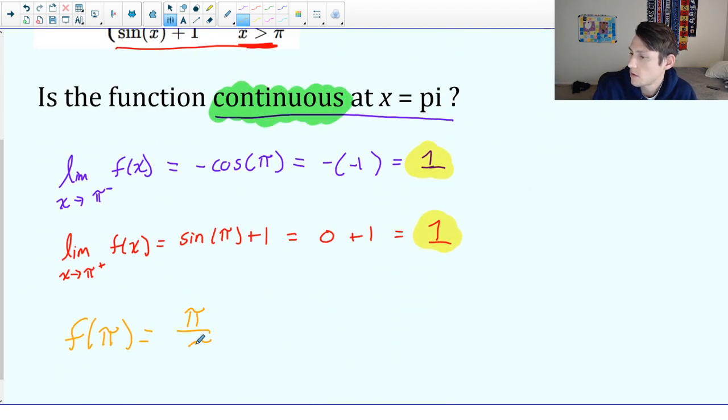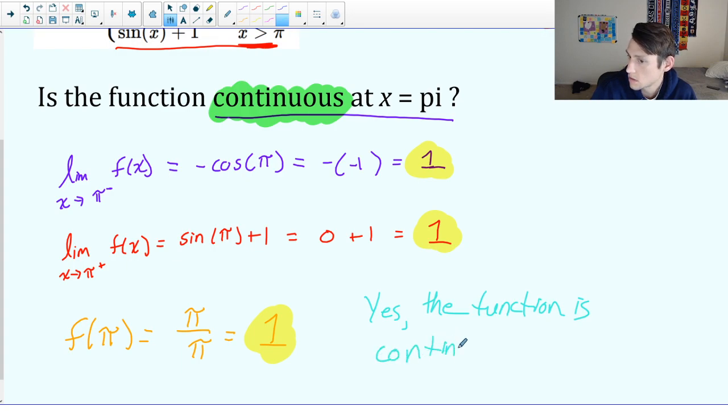So that would be pi over pi, which is also 1. So we can conclude, yes, the function is continuous at x equals pi.